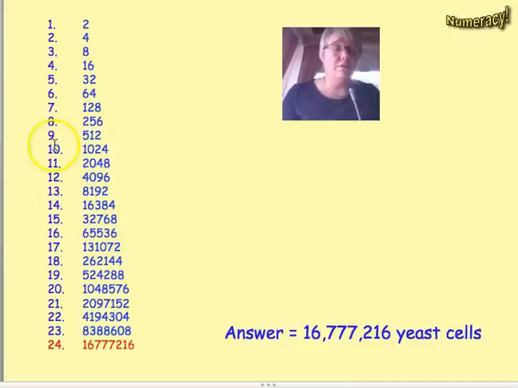and we can write out, you'll see here, at the first stage, in other words the first 30 minutes, there'll be 2 cells. Then the next 30 minutes there'll be 4, then the next 8, 16, 32, 64, 128, 256. So you'll see it's doubling every single time.